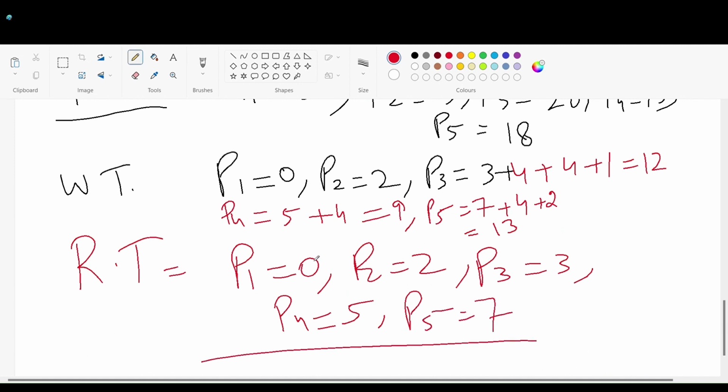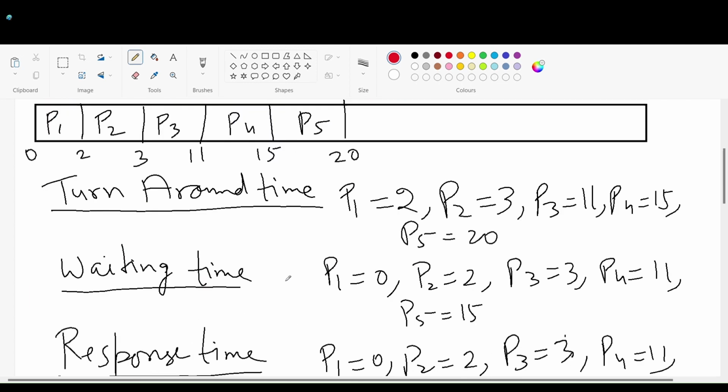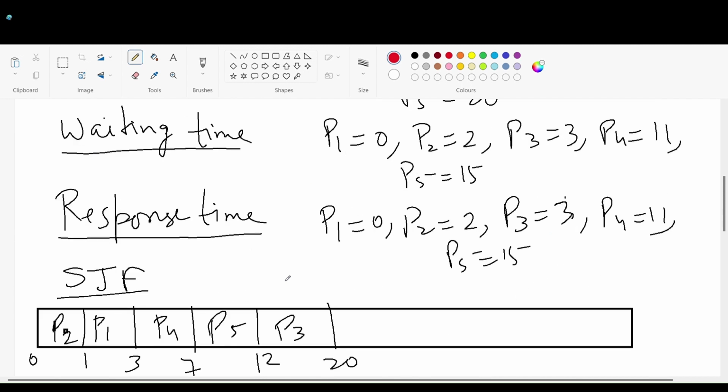Okay. So now the last question is, which algorithm's result is the minimum average waiting time? So which algorithm is the best algorithm? So you will find the average waiting time now. What is the average waiting time of the first come first served algorithm?